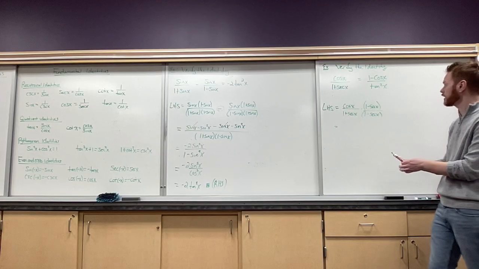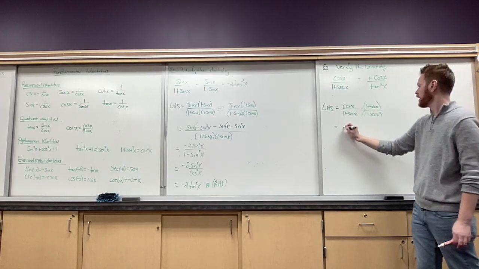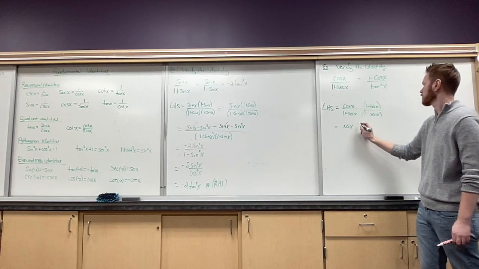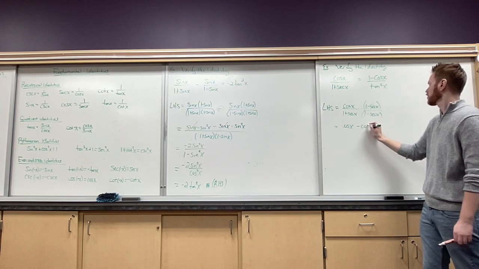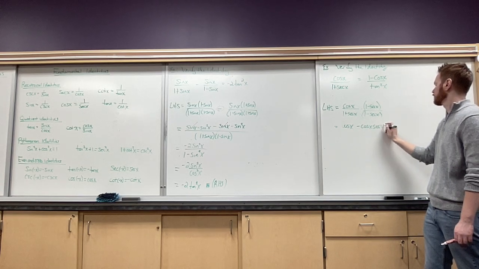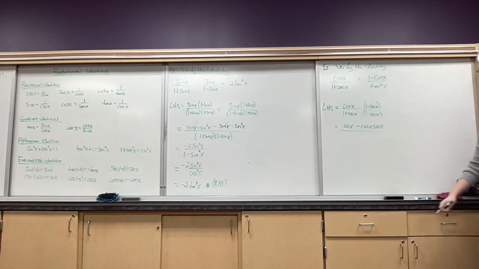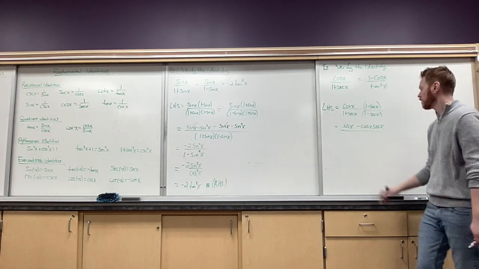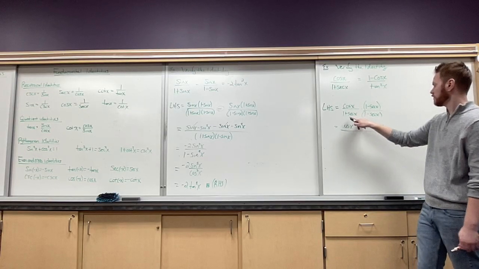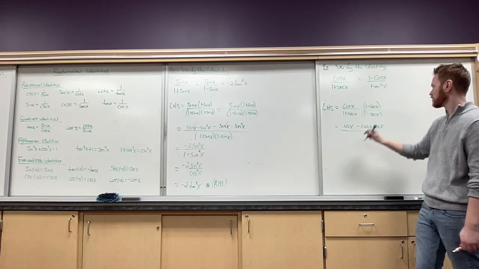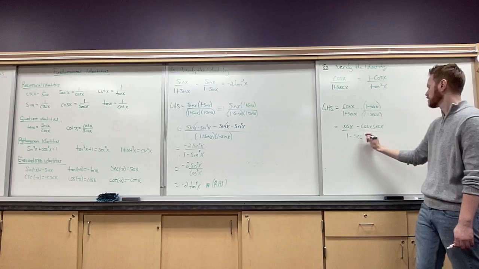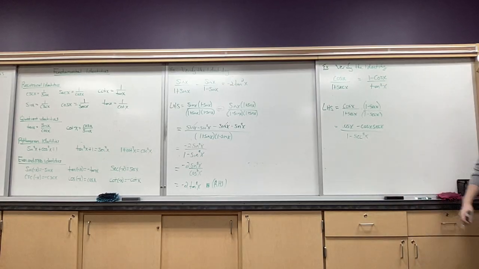Okay, so the numerator, if I multiply those together, I get cosine of x, okay, minus cosine of x secant of x. Okay. And then the denominator, I'm going to multiply those out as well. Again, same binomial there, just the signs are different, so it'll be 1 minus secant squared of x. So I don't have to worry about multiplying all the terms out.